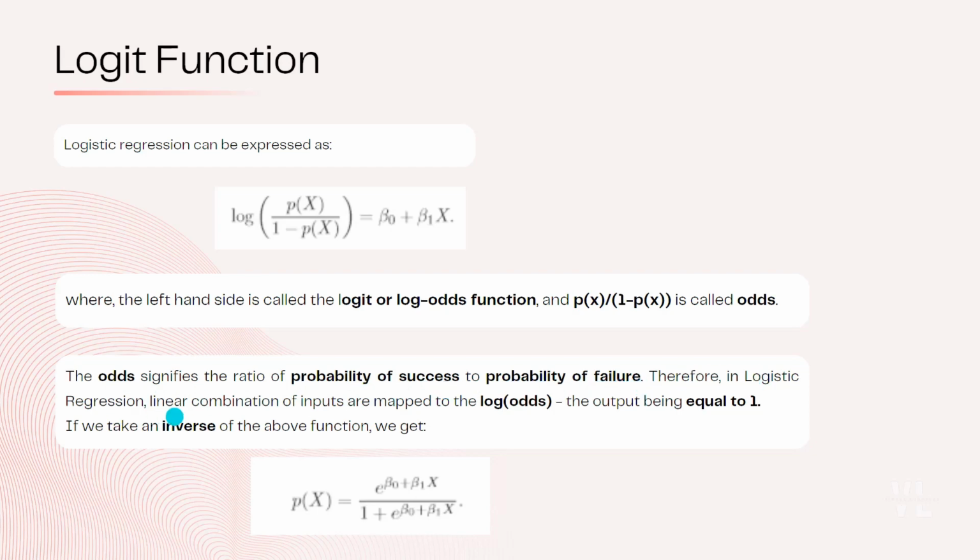Therefore, in logistic regression, the linear combination of inputs is mapped to the log odds, where the output is equal to 1. And if we take the inverse of the above function, we get this equation.